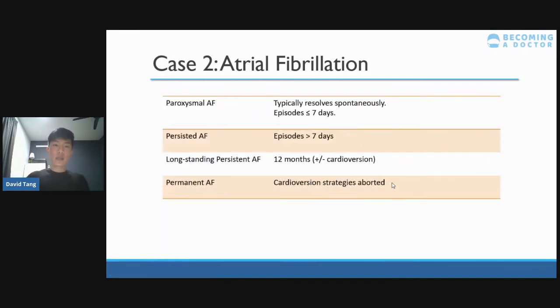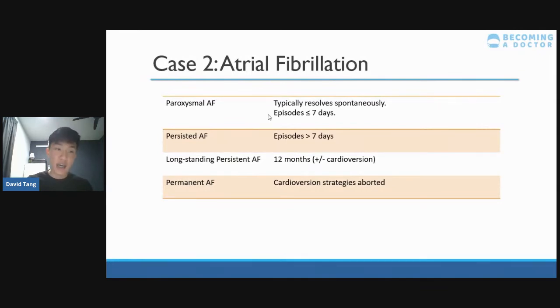And so how we classify AF is by the duration of onset. If it's less than 7 days, it's called paroxysmal AF, and it typically resolves on its own. The classic history is that the patient gets palpitations, for example, when they are traveling on the tube or on the bus, and that resolves spontaneously. It's hard to catch on ECGs because of the transient nature of paroxysmal AF.